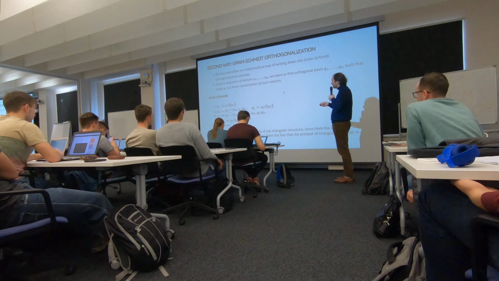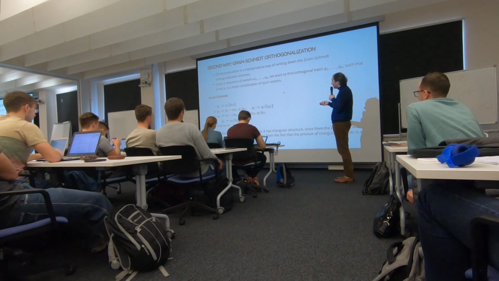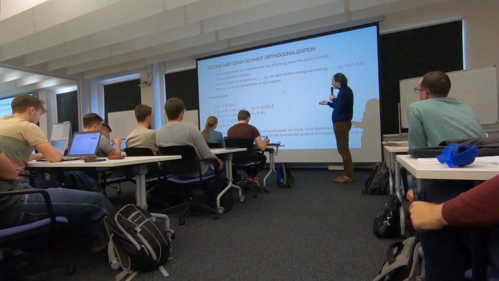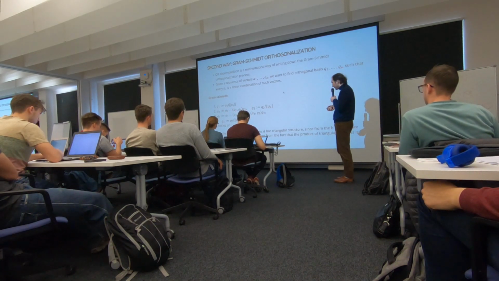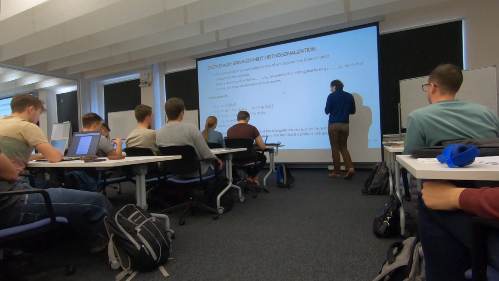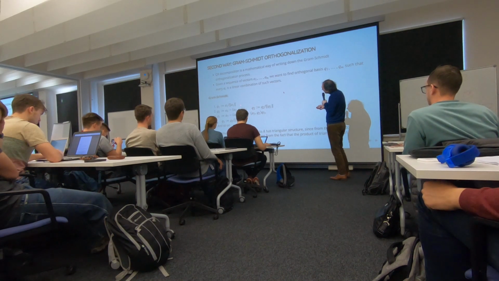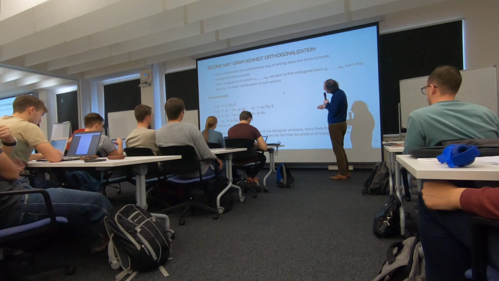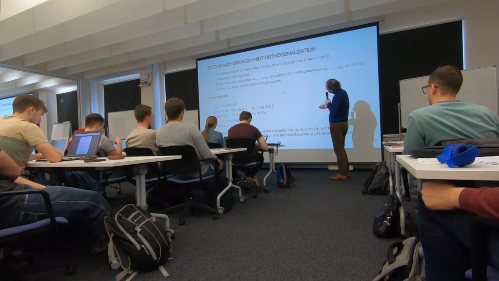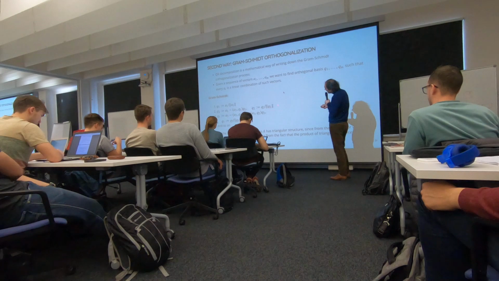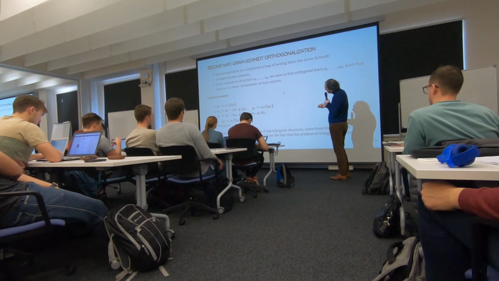We take the second vector from our set, and we need it to be orthogonal to Q1. We subtract some coefficient multiplied by Q1, and in order for this vector to be orthogonal to Q1, the coefficient should be equal to the scalar product between A2 and Q1. Then we normalize it. In exact arithmetic, this vector will be orthogonal to Q1, and that's basically it.